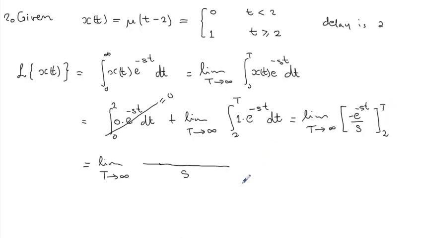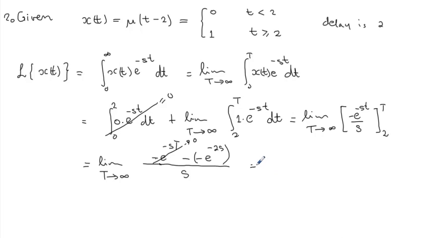Let me first fill up this part here, I was too fast there. Is that clear? So when you come here now, we're going to say minus e to the power minus s capital T minus minus e to the power minus 2s. Is that correct? Okay. Then again, this part will decay to 0. And then we're left with that.